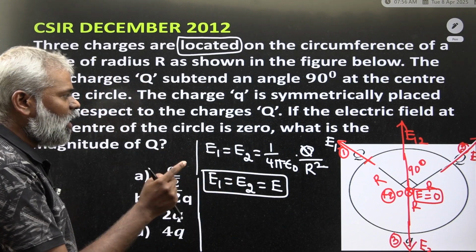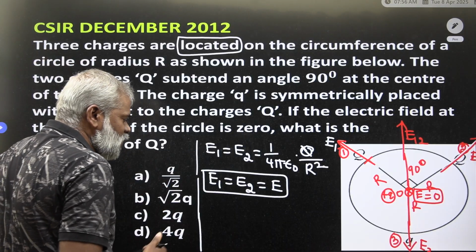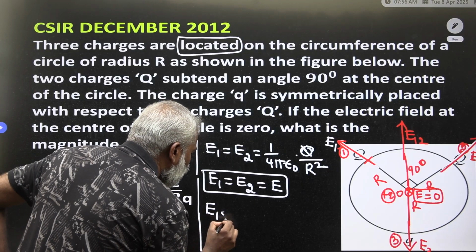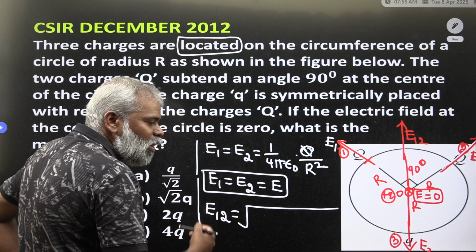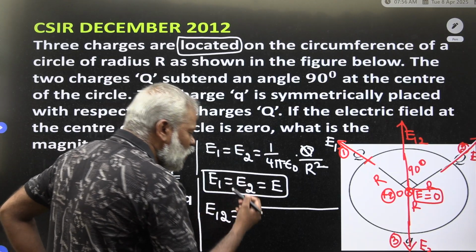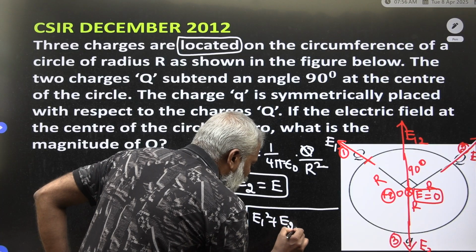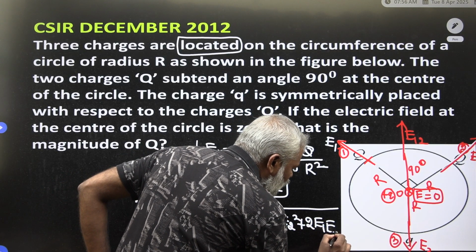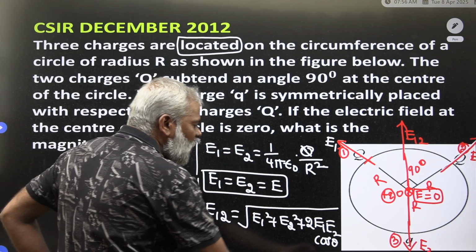Due to the point charges capital Q, you are getting the same electric field. Now, we need to calculate E12. E12 we have to calculate using the parallelogram theorem: E1 squared plus E2 squared plus 2 E1 E2 cos theta.